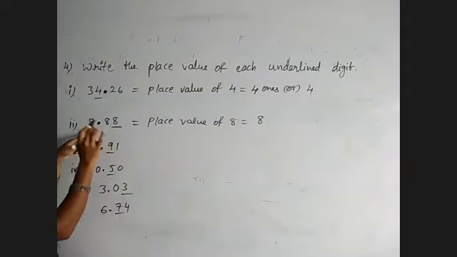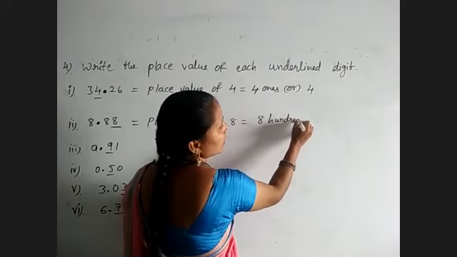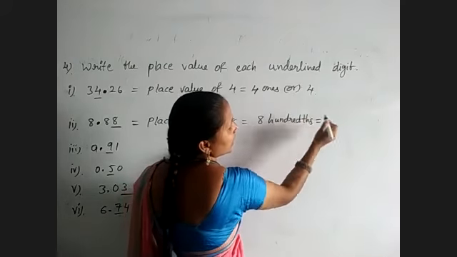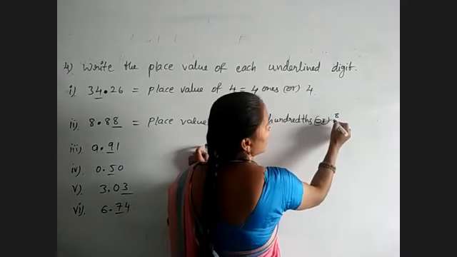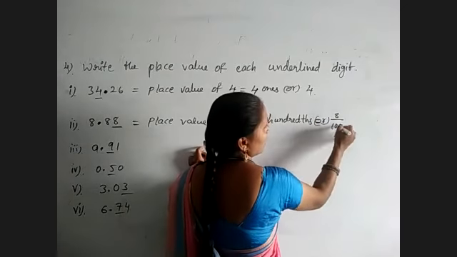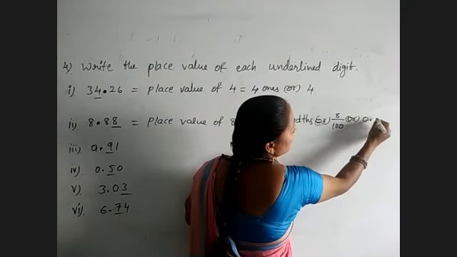The hundredths place. So 8 hundredths in words. In fraction form, 8 by 100, and in decimal notation, 0.08.